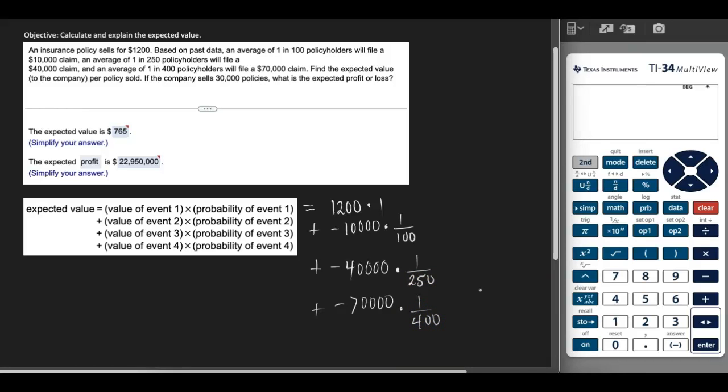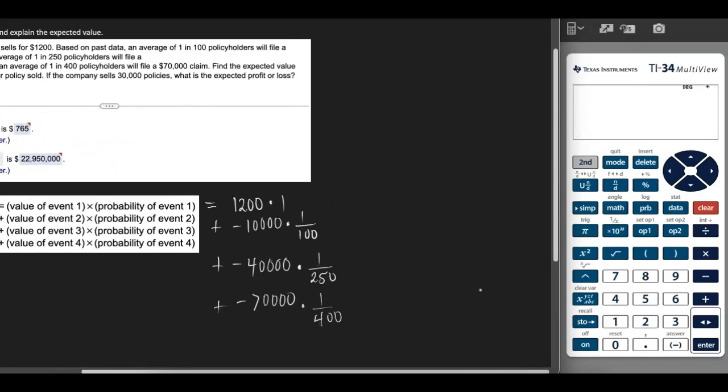Okay, so now when I go to type this into my calculator, instead of typing in separate little pieces like this, I am going to clean it up a bit. I do know that 1,200 times 1 is just 1,200.